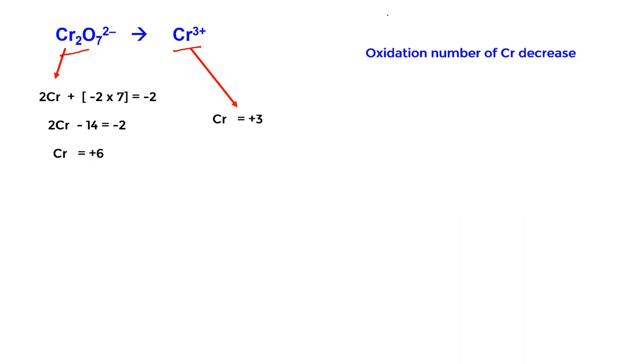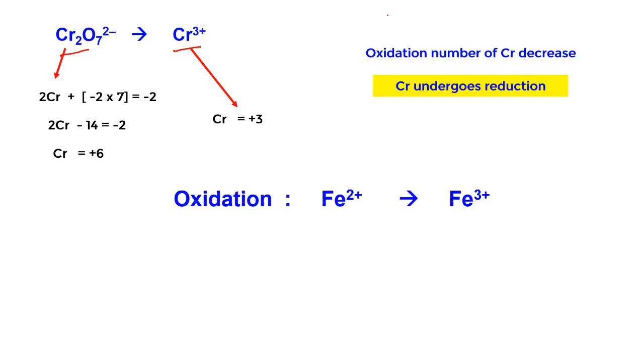So, oxidation number of chromium decrease, we can say that the chromium is the species that undergoes reduction. Right, so I rewrite the equation. So this is the half equation that represent oxidation process, and this is the equation that represent the reduction process. So this is the first step.